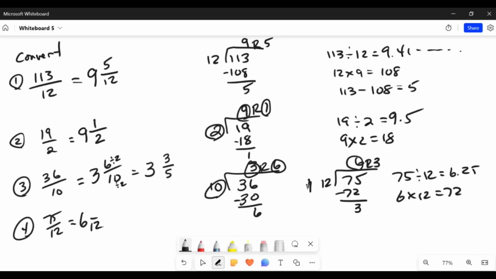The denominator is 12, and the numerator is the remainder, which is 3. 3/12 is not reduced. We can divide the top by 3 and the bottom by 3. 3 divided by 3 is 1. 12 divided by 3 is 4. So we get 6 1/4.